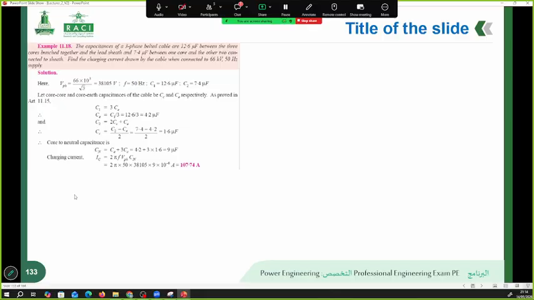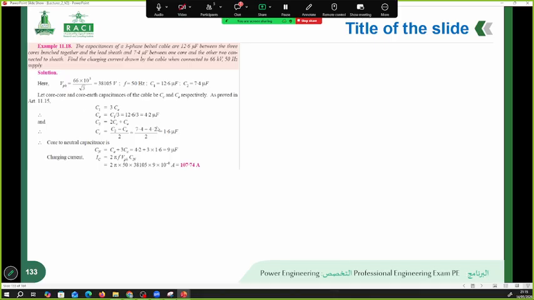Okay, this is another example. The capacitances of a three-phase belted cable are 12.6 microfarad between the three cores bunched together and the lead sheath, and 7.4 microfarad between one core and the other two connected to the sheath. Find the charging current drawn by the cable when connected to a 66 kilovolt, 50 hertz supply.